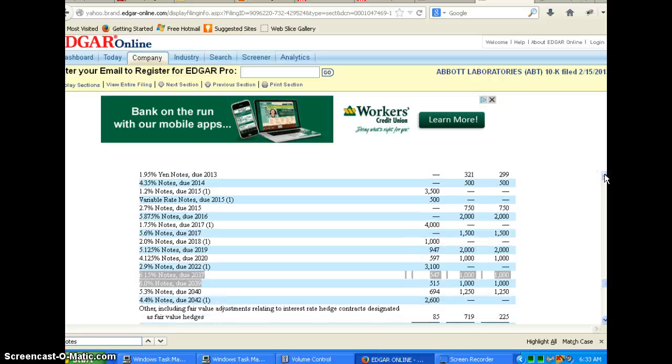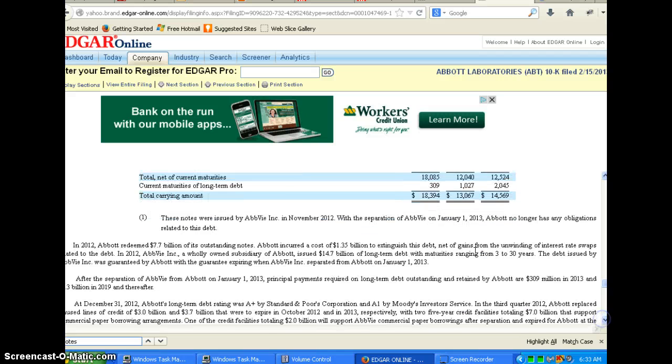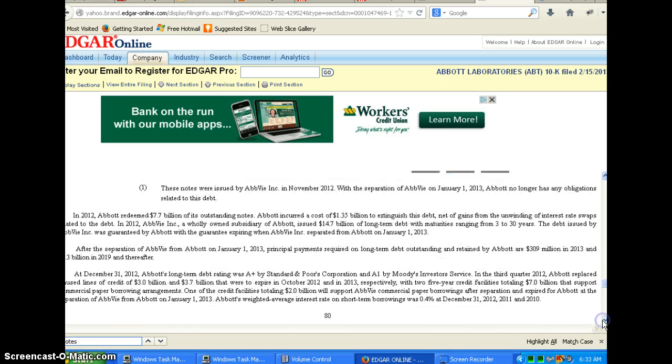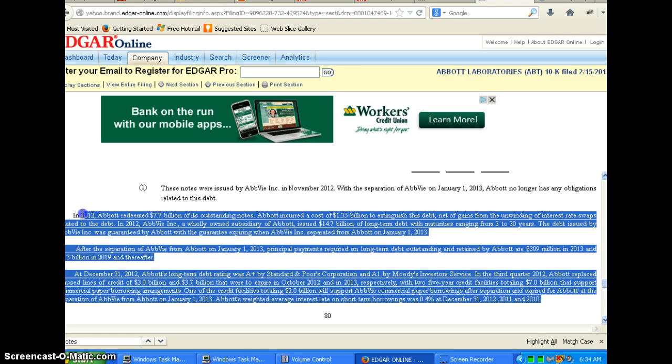You would also make reference to the fact that they have other outstanding debt obligations, such as commercial paper and credit facilities, as mentioned in the footnotes. So again, mention a few pieces of information from the footnotes and try to describe that and show that you have an understanding of what you're talking about.